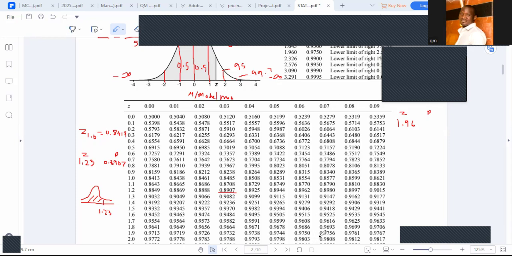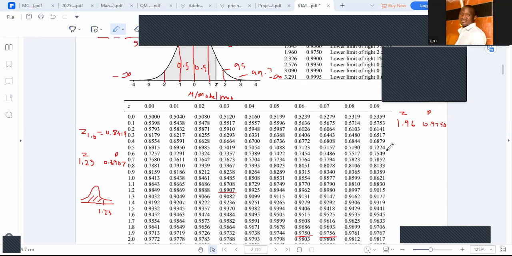What are we reading? 0.9750. So the probability is written as such. If I ask you to give me the Z and the probability is 0.9750, meaning our Z is 1.96. Is that clear?